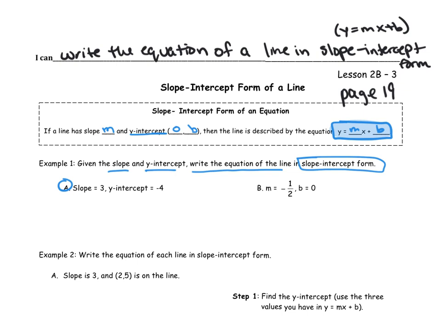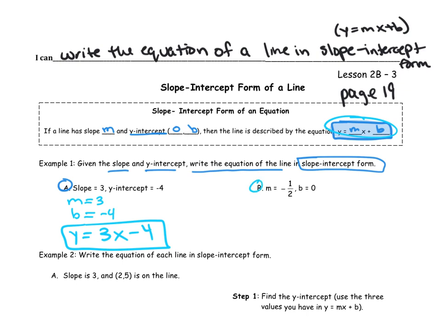Okay, well, I know m is equal to 3 and b is equal to -4. So we just got to fill in for the formula. y equals 3x minus 4. That's my equation. That's it. If I look at example B here, again, here's the slope, here's the y-intercept.